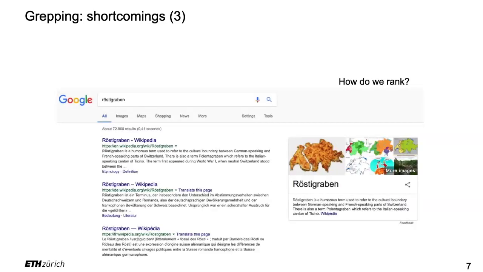And next, how do you rank? Because if you type a search in web search, you do not get the results in any order. There are billions of pages that might be talking of the legendary Röstigraben, but you want the most relevant ones. So there has to be a way of sorting these pages. And we would like something like this from an information retrieval system.